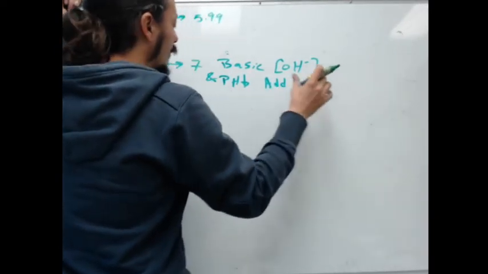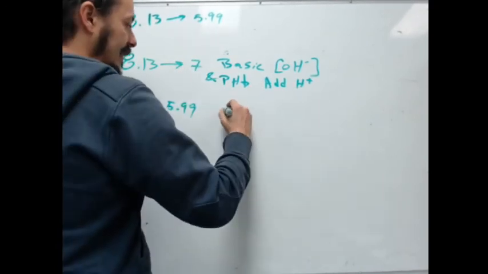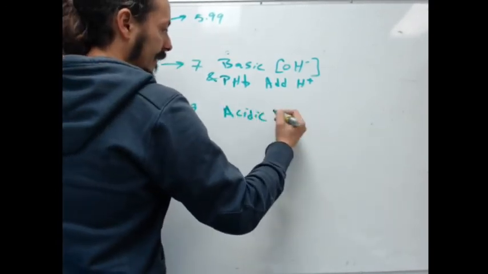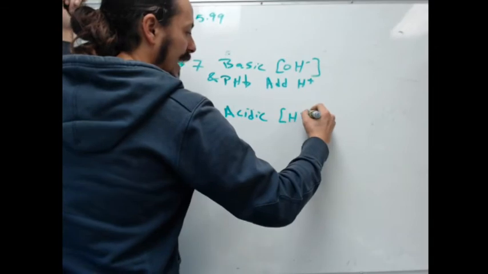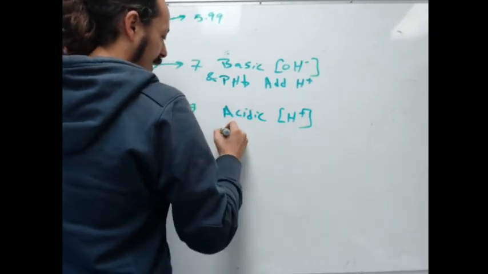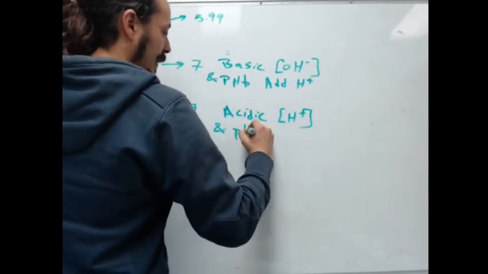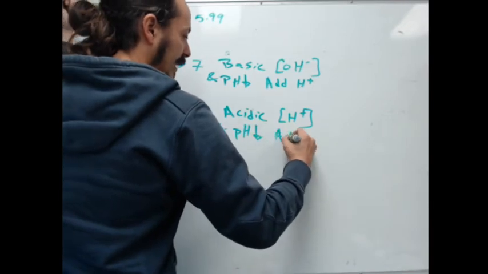This one we're going to have to use the 1-to-1 ratio. This one is acidic, so I'm going to be looking at it in terms of H plus, and pH is going down, so I'm going to add H plus.